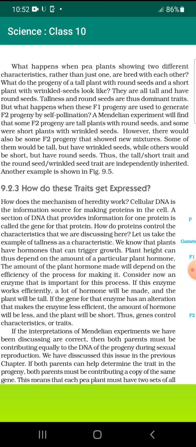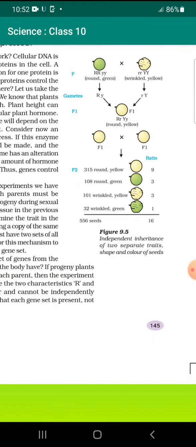Some of them will be tall but have wrinkled seeds, while others would be short but have round seeds. Thus, the tall/short trait and the round/wrinkled seed trait are independently inherited. Another example is shown in figure 9.5.